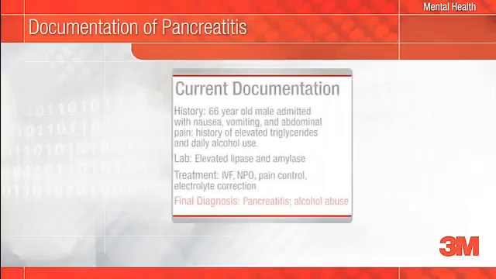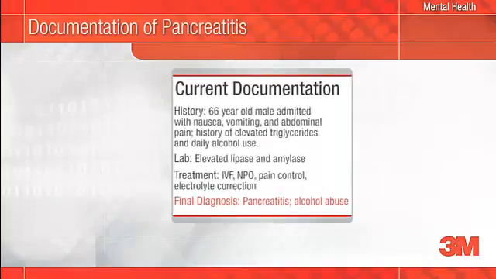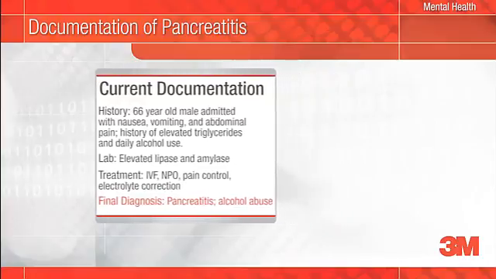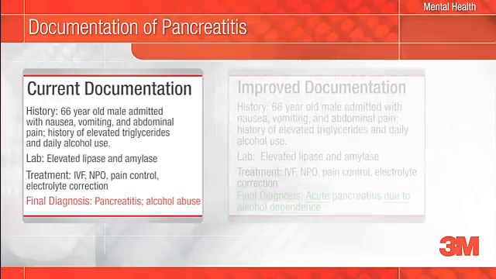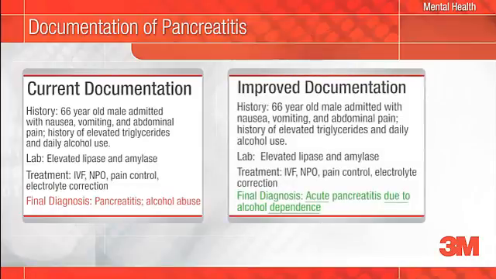We see here in this example of medical record documentation a final diagnosis of pancreatitis and alcohol abuse. There is no statement of acute versus chronic, and there is no linkage between the pancreatitis and alcohol abuse. The final diagnosis on the right tells a better story.